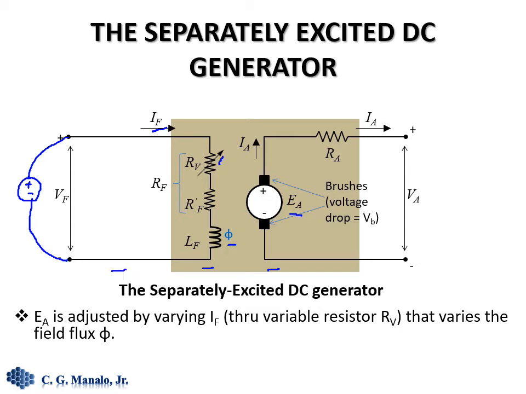The field circuit is physically isolated or separate from the armature circuit. Thus, this type of generator is called the separately excited DC generator.